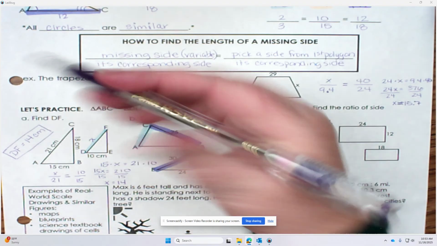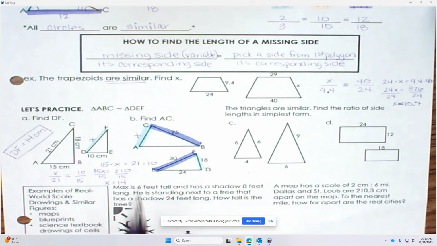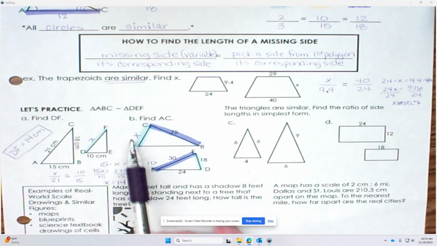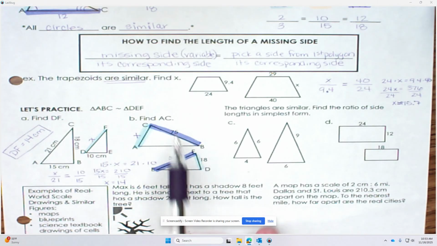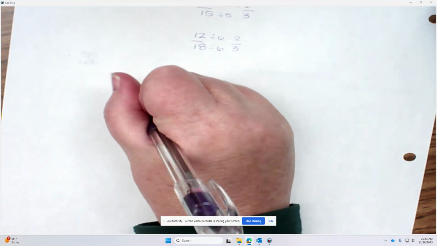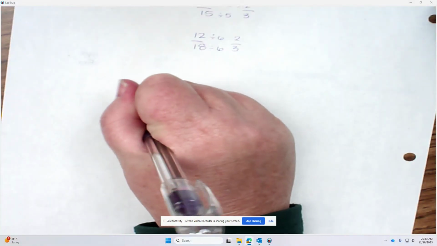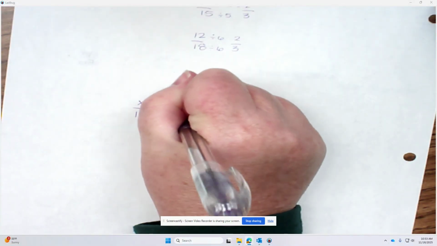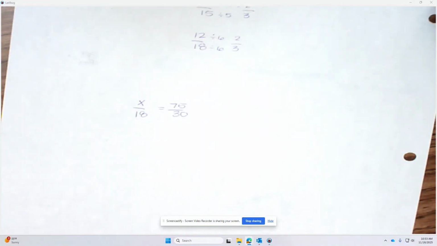So my unknown, let's just make it x again. I'm going to do x over 18, and then 75 over 30. X over 18 equals 75 over 30. Please don't get locked into having to smush everything.